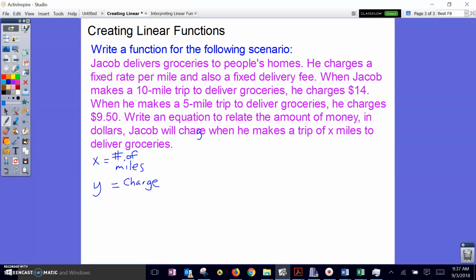Now, which depends on which? Does the number of miles that he traveled depend on how much he charges? Or does how much he charges depend on the number of miles he travels? Well, if you think about that for a second, the amount he charges depends on the number of miles that he travels.